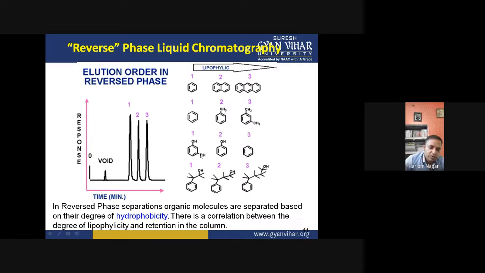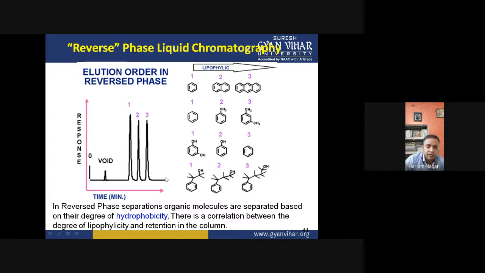If you talk about resorcinol, phenol, and benzene, resorcinol is more polar than phenol, which is more polar than benzene. So resorcinol will elute faster from the column than phenol, and phenol will elute faster than benzene, right?